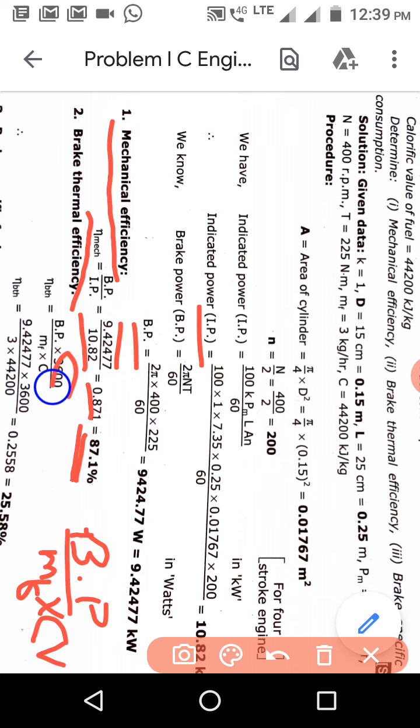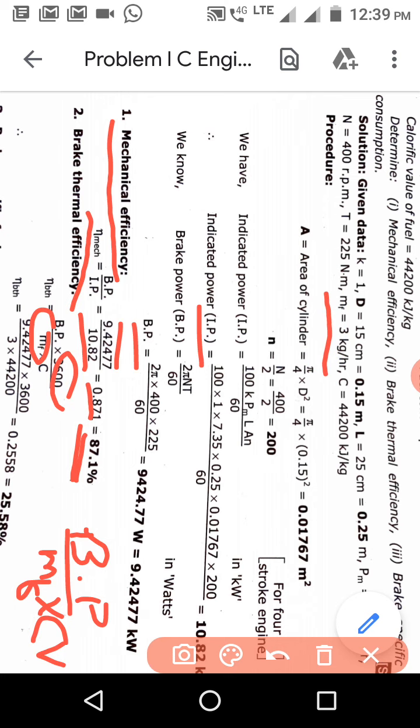Now this 3600 is used whenever mf is given in kilogram per hour. At that time we are converting it into the SI system, that is kilogram per second. Here the mass of fuel is given as 3 kilogram per hour, so due to that this 3600 comes in the formula.